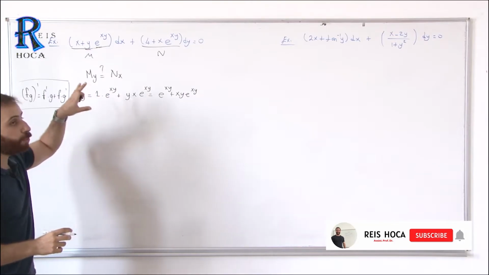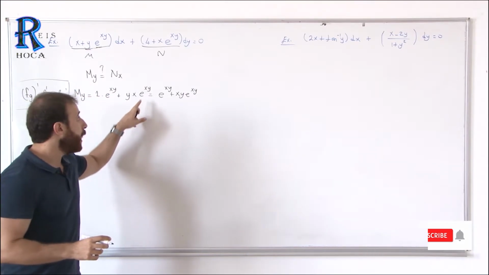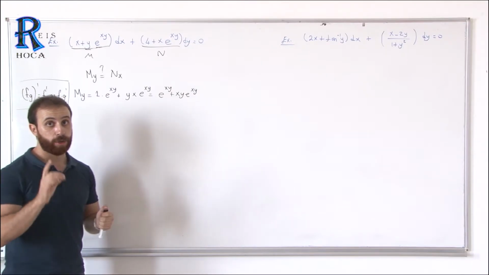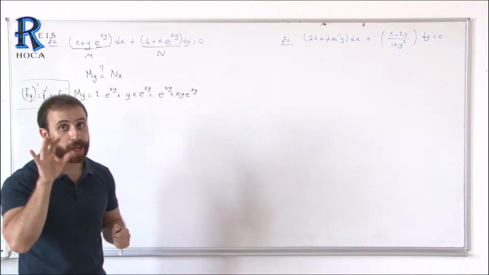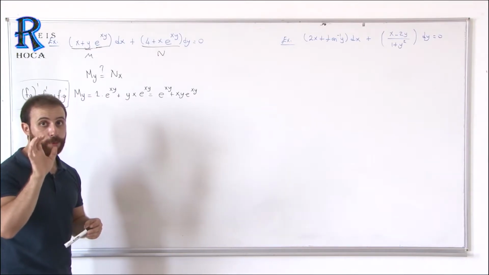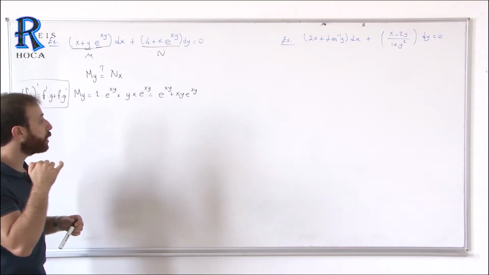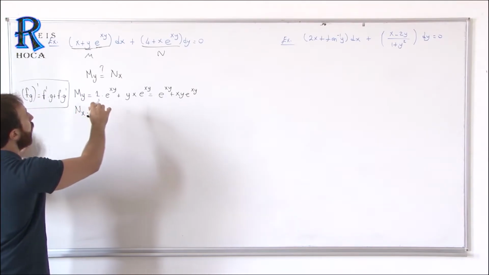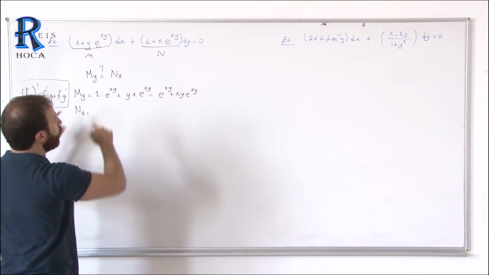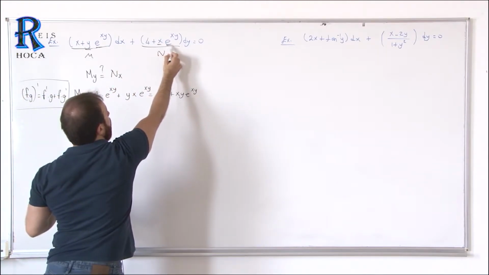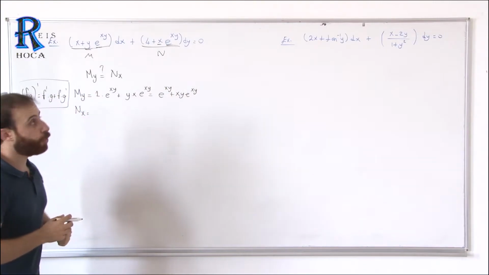We took the product rule for derivative, and be careful about the derivative of exponential. Don't forget, derivative of exponential is the same function times derivative of power, and the important thing is which variable you are taking with respect to. So the derivative of N with respect to x. 4 is constant, 0 with respect to x. There is x here, that's why again product rule.